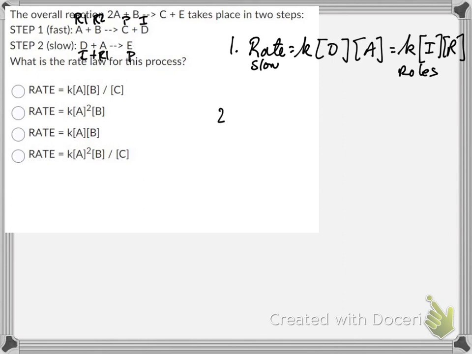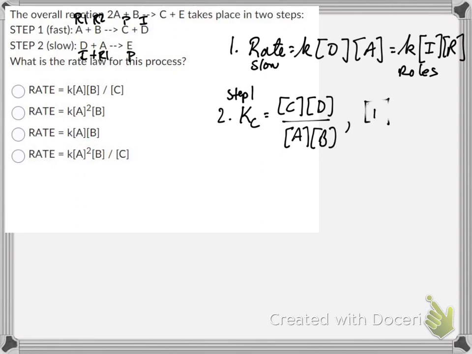And here are the rules. And so Kc here is going to be C times D, the products of step 1, over A times B, the reactants of step 1. We can now solve for D in terms of Kc, A, B, and C. And now we're going to substitute.